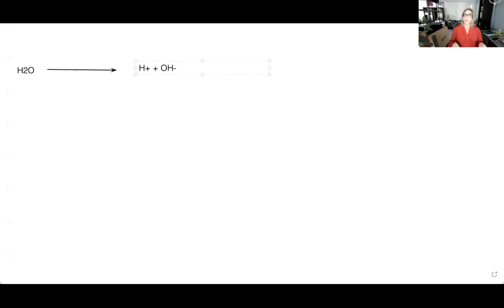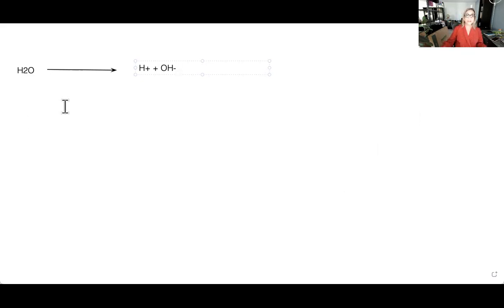What's important here is that for each water molecule that breaks up, you have 1 hydrogen ion and 1 hydroxide ion. So if you have 7 water molecules, 10 water molecules, it doesn't matter. The concentration of hydrogen ions will equal the concentration of hydroxide ions.